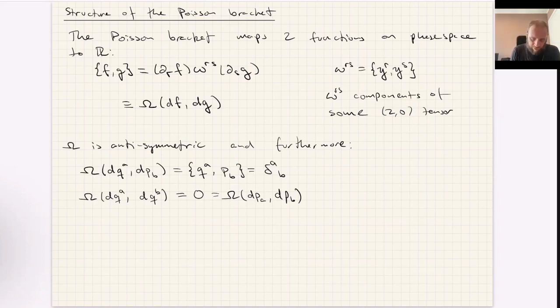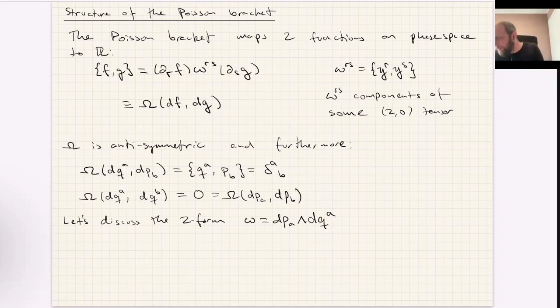So let's discuss the 2-form. Omega, and I'm now just going to define that as dp_a wedge dq^a. And I'm going to come to its relation to the capital omega very soon, right?